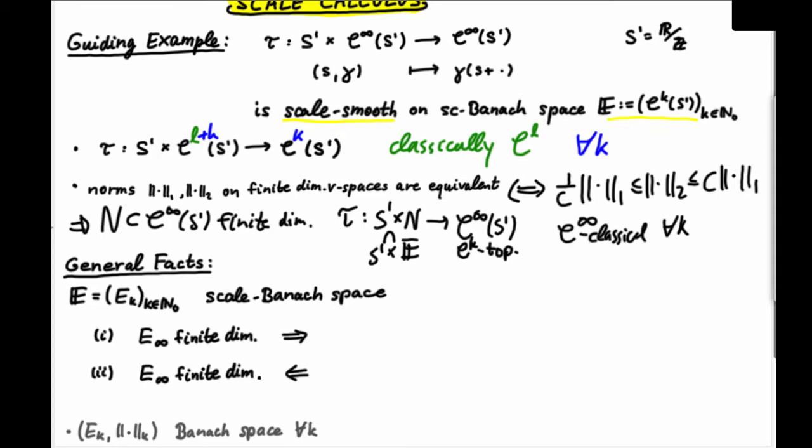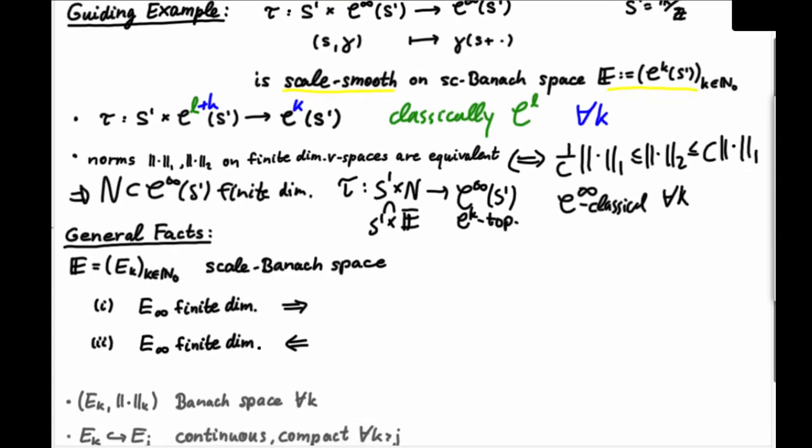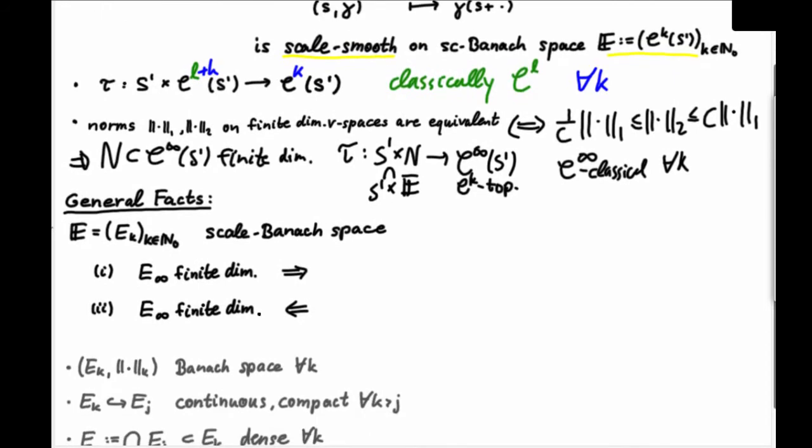So now the question is, what is that restricted sc structure? Well, we've already seen here all the norms are equivalent, so if you think of the scale just as a completion of the smooth functions in different norms, then the completions are always the same. So your scale structure is just constant, always equal to N here. And that is a general fact about scale Banach spaces.